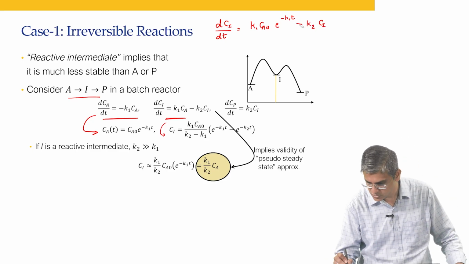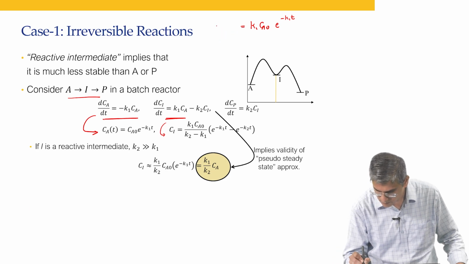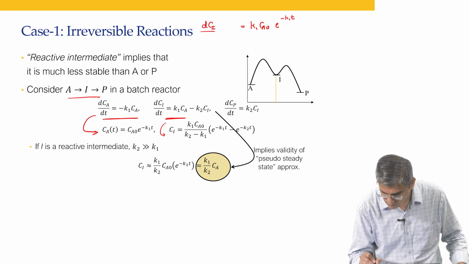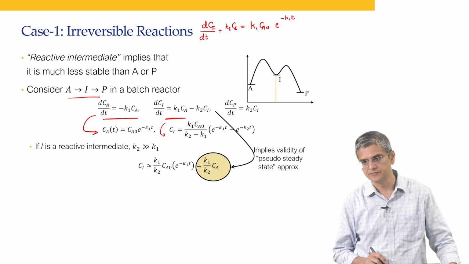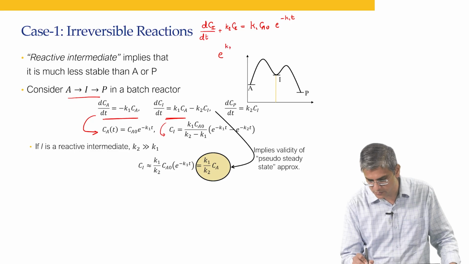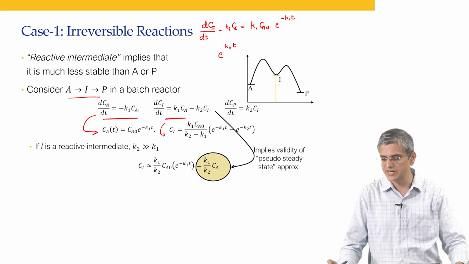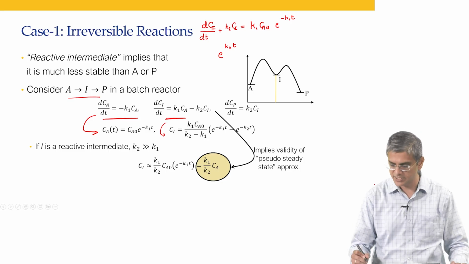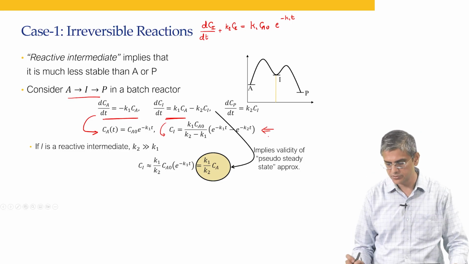We take K2 Ci onto the other side, okay, and then we use the integrating factor. When we do that, the integrating factor is going to be e to the power K2t, okay. So, we will multiply throughout by e to the power K2t, do the integration and so on, and once you do that, the expression you are going to get is this.